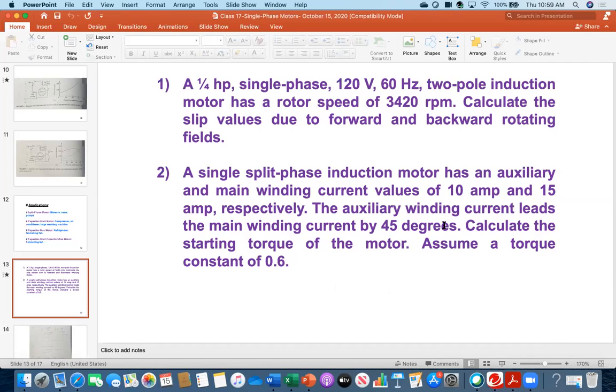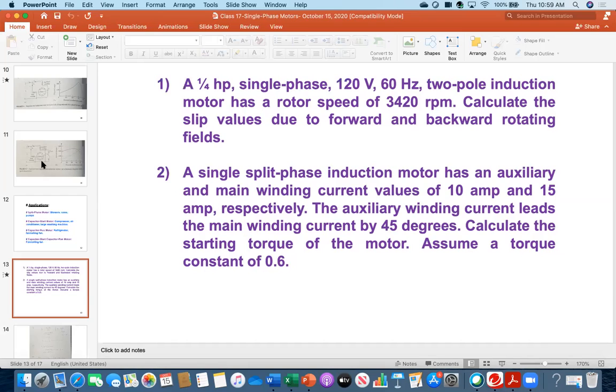If you use that equation, the torque constant K value is 0.6. Ia value is 10 ampere, Im, the main winding current, is 15 ampere. And what is alpha? Alpha is 45 degrees. The auxiliary winding current leads the main winding current by 45 degrees, so that is the value of alpha.